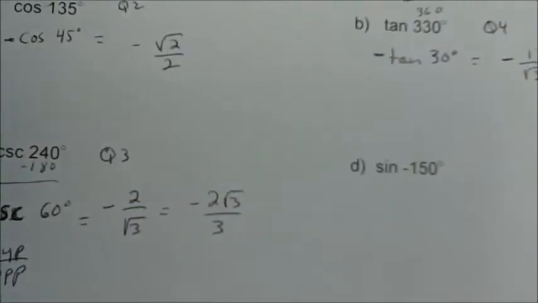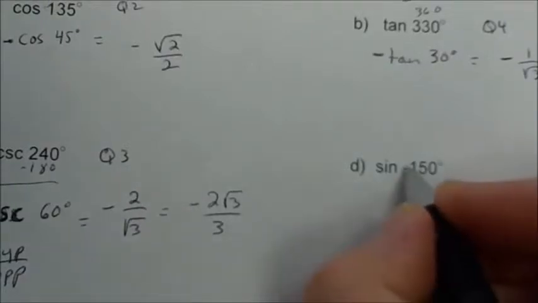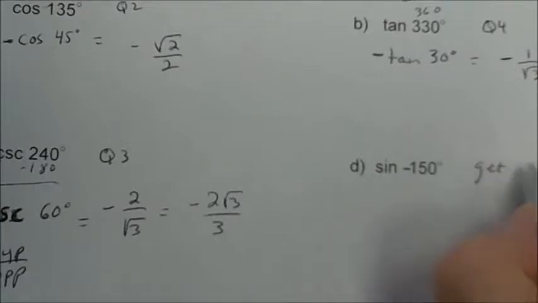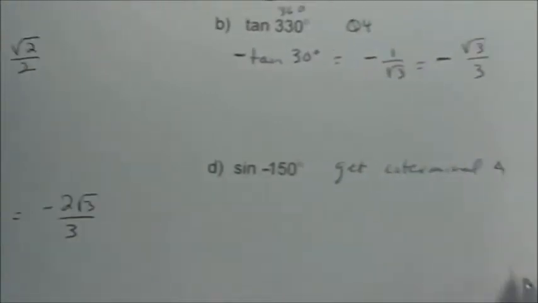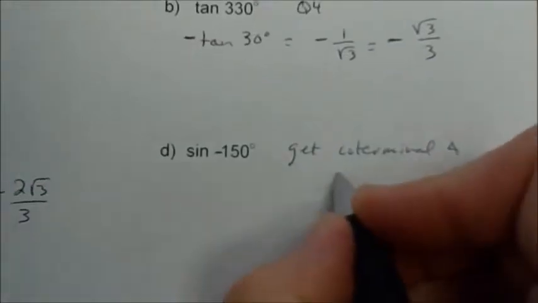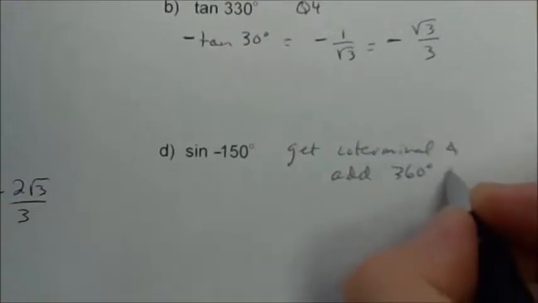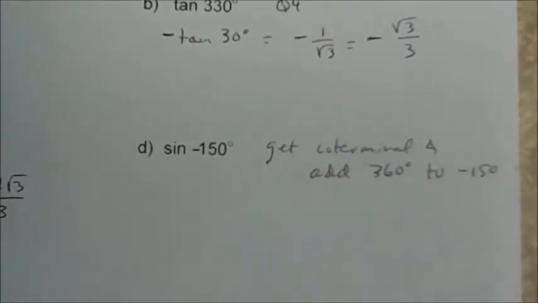The next one is the sine of negative 150. Well, if the angle is negative, what you have to do is get a coterminal angle. And in order to get a coterminal angle, you have to add 360 degrees to the given negative 150.